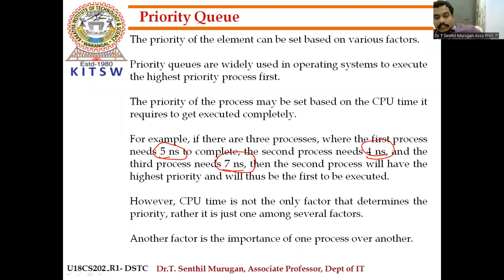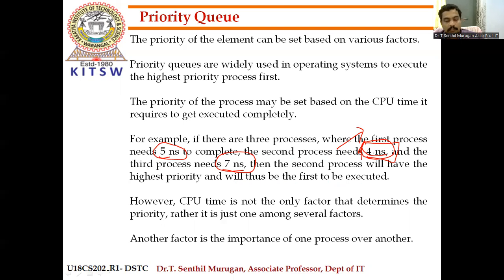If you want to give priority, the CPU will execute first the one which has fewer nanoseconds. So the second process, with 4 nanoseconds, will have the highest priority and will be executed first. Because it is the lowest number, it will complete and the process will be free for executing the next statements.